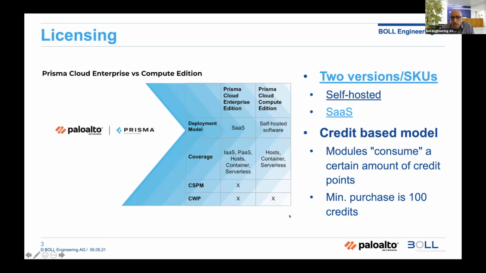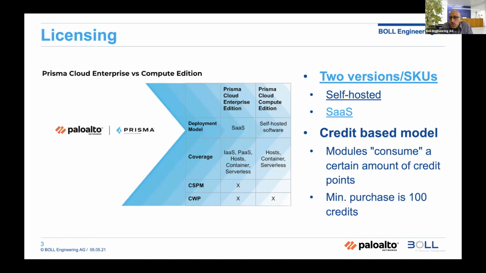The licensing itself, or the modules itself, is based on a credit system. That means you or your customer have to purchase a minimum of 100 credits initially, but then you really can pick and choose what features and modules you're going to use. Each module consumes a certain amount of credit points.